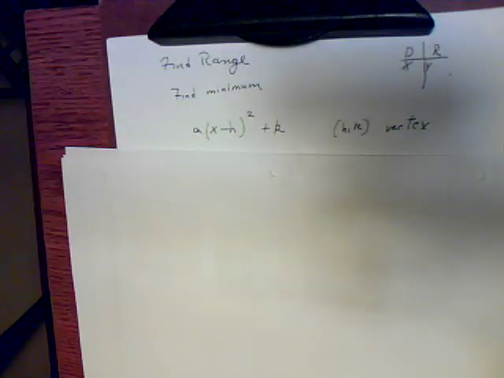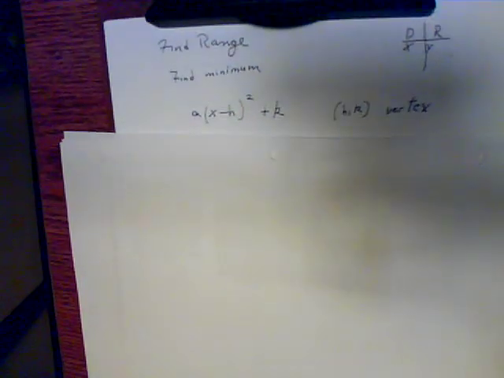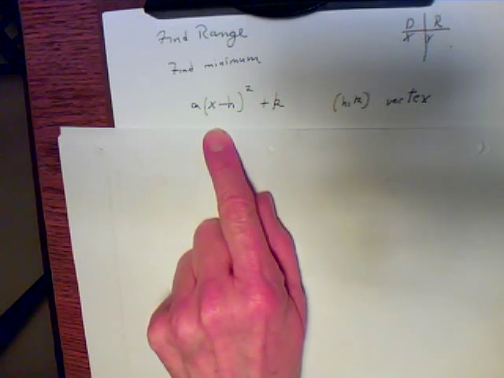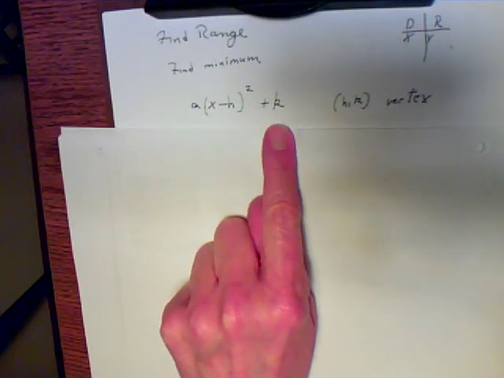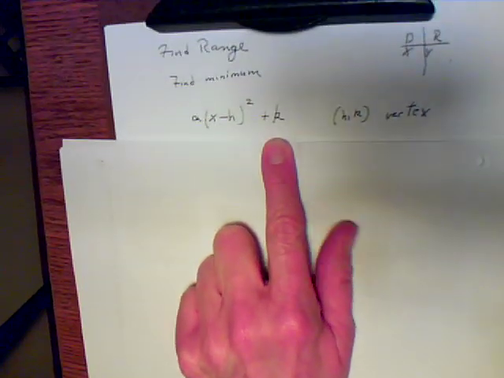If you turn to page 298, 299 in your textbook, you'll see the equation of the quadratic given on the bottom of page 299. And that equation is a, which is a constant, times x minus h, quantity squared, plus k is equal to your function.